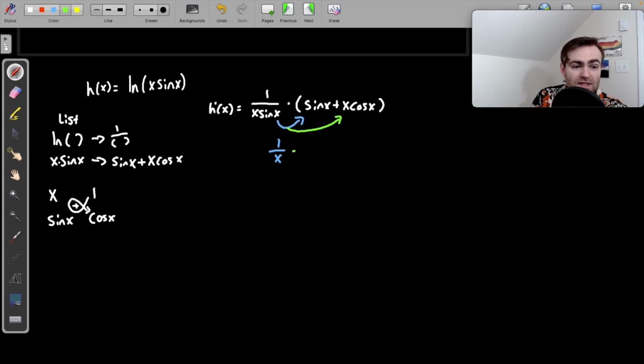And cosine over sine is cotangent. So our final simplified answer for the derivative would be 1 over x plus the cotangent of x. Again, this is correct, but most teachers want you to simplify, and this would be simplified.